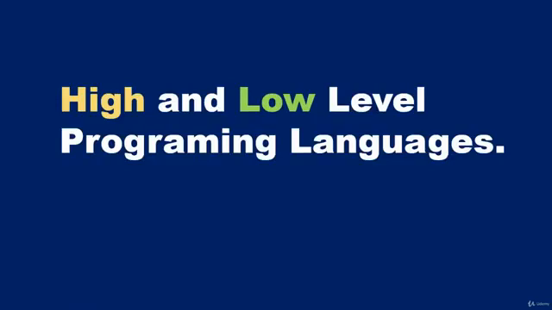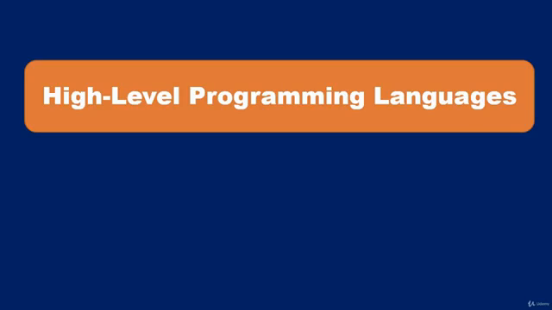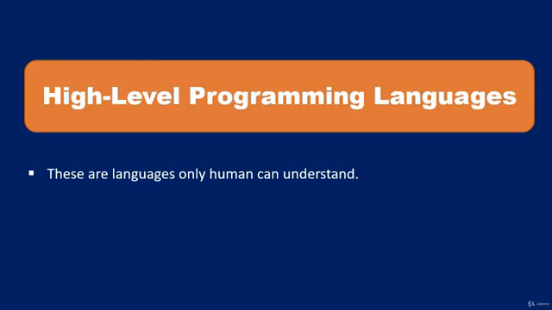Hello and welcome. In this video, I will introduce you to high and low level programming languages. What are high level programming languages? These are languages that only humans can understand. So computers can't understand them unless they are compiled or interpreted.